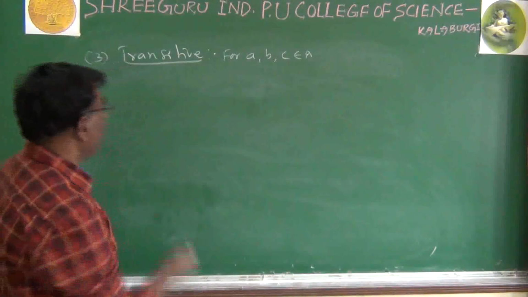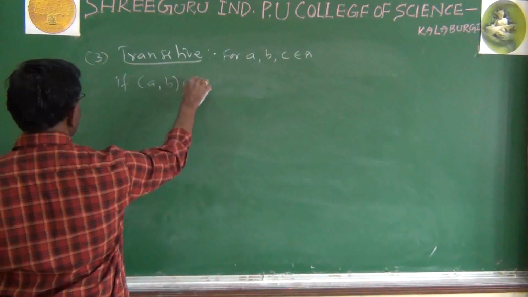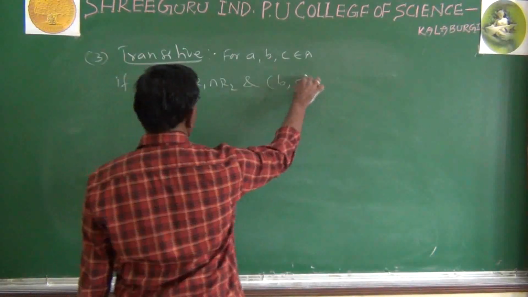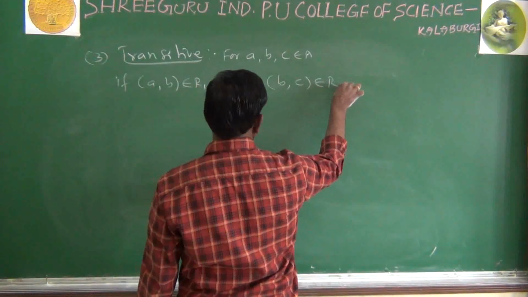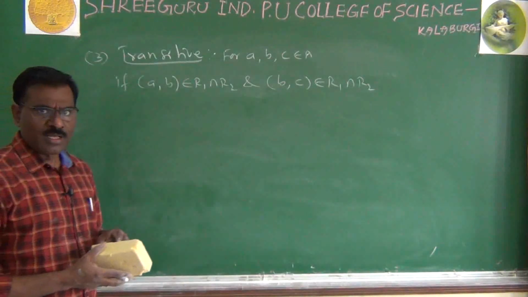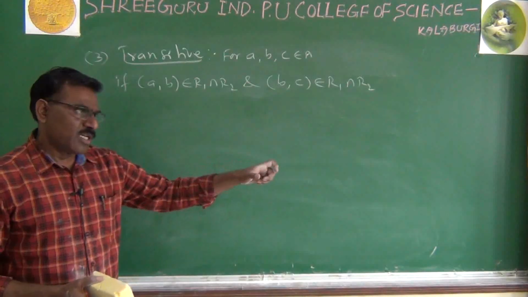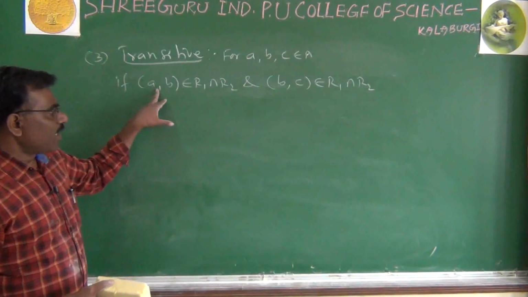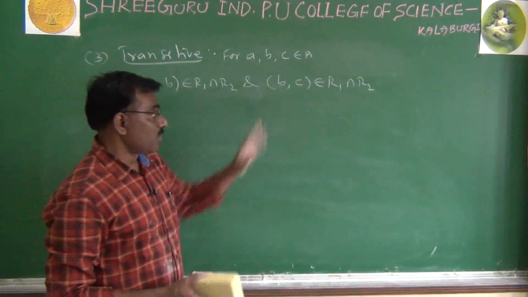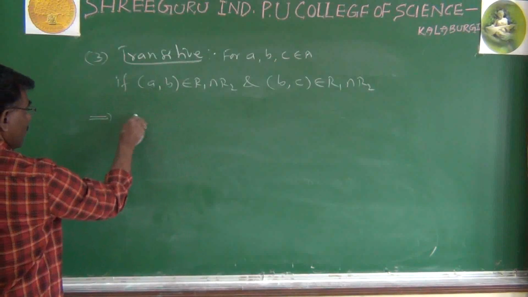Two ordered pairs are given: a, b belongs to R1 intersection R2 and b, c belongs to R1 intersection R2. Whatever the ordered pairs, you should take the intersection only.